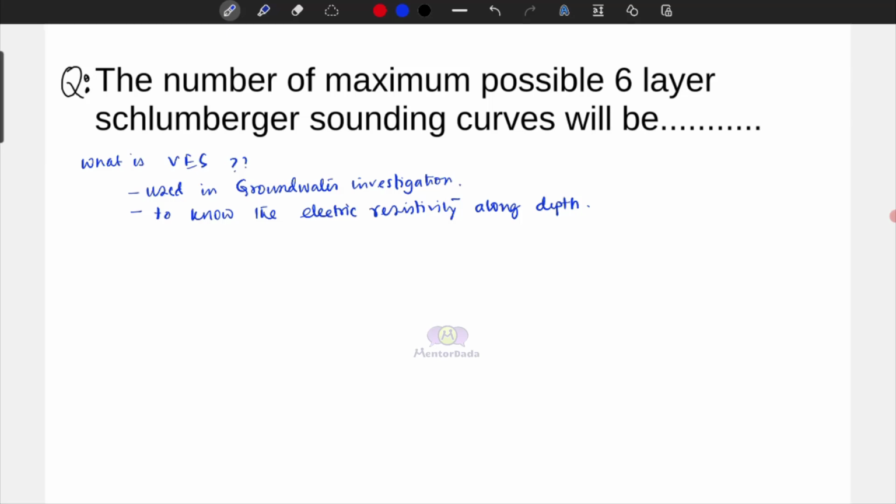Suppose we are considering 3 layer, 4 layer, 5 layer. In case of 2 layer, the number of possible curves is 2 to the power 2 minus 1.